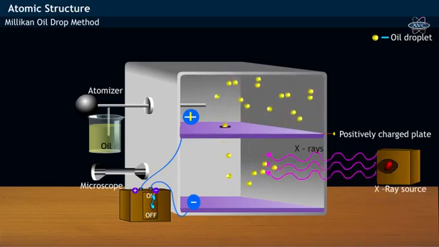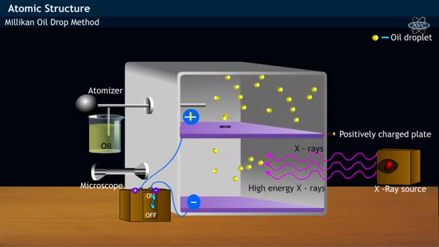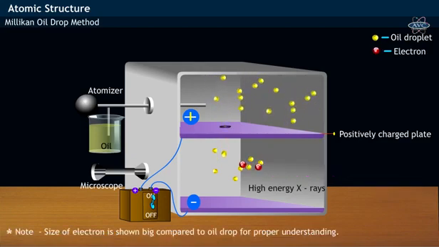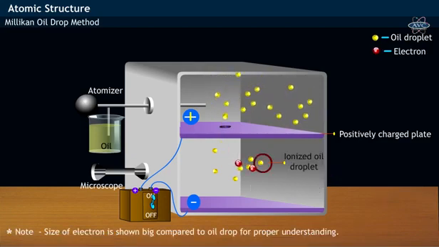Now, X-rays from an external source are made to pass through tiny oil droplets. These energetic X-rays falling on oil droplets remove electrons from the oil droplets and make them ionized.